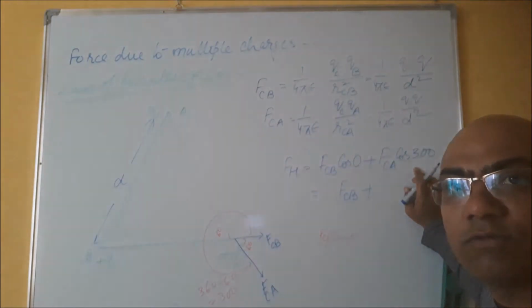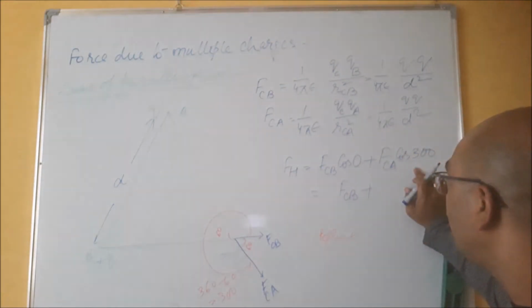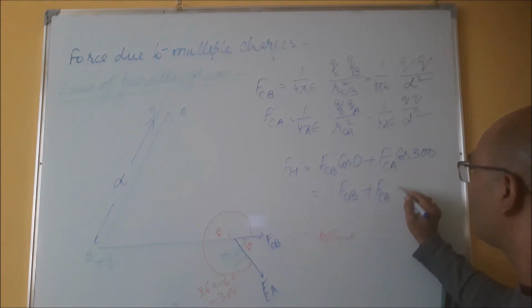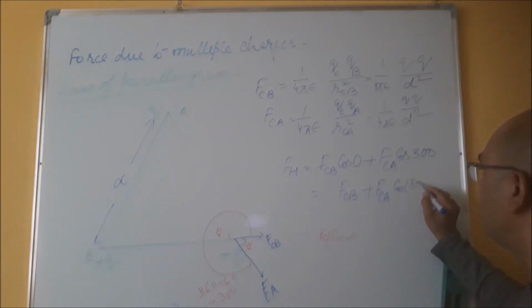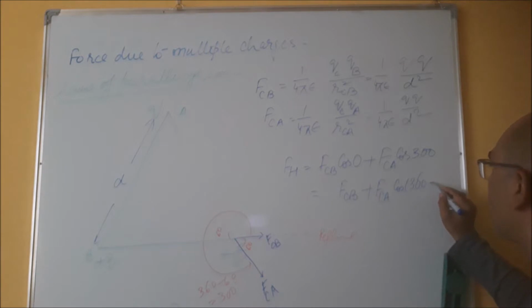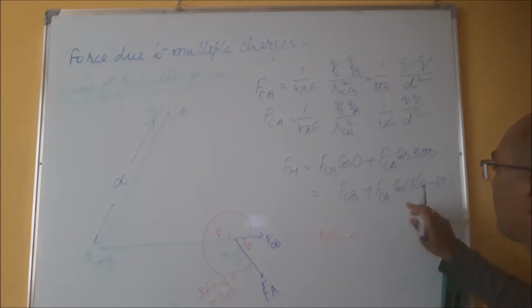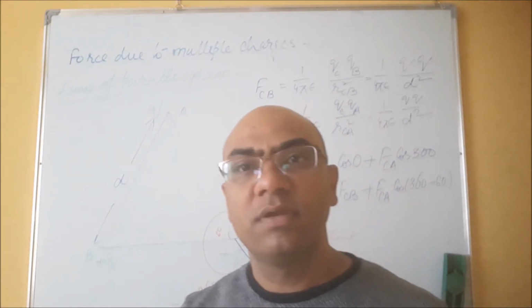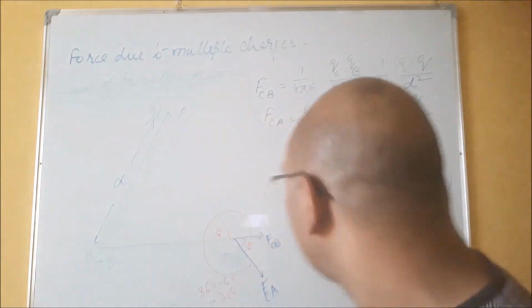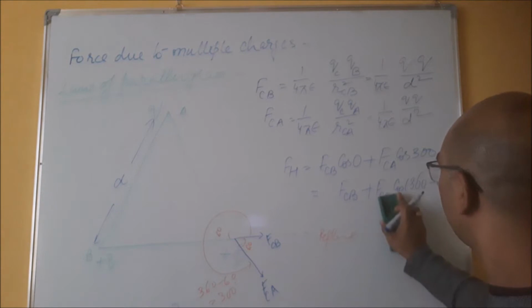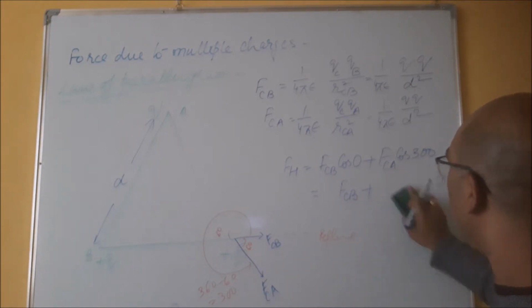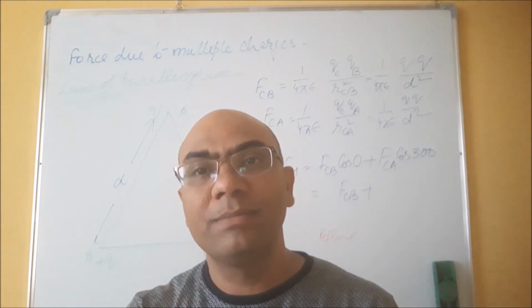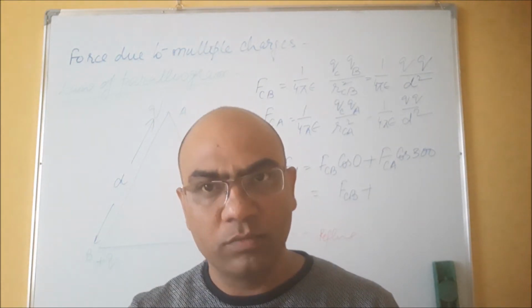What is the value of 360 minus theta? FCA cos, so 360 minus 60 is 60. So this will be cos 60. And what is the value of cos 60? The value of cos 60 is 1 by 2, right?